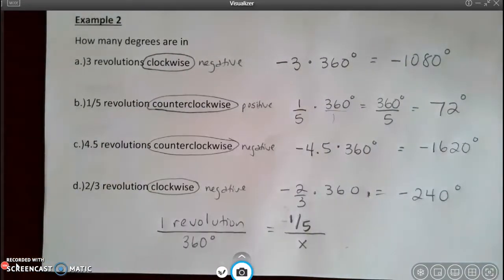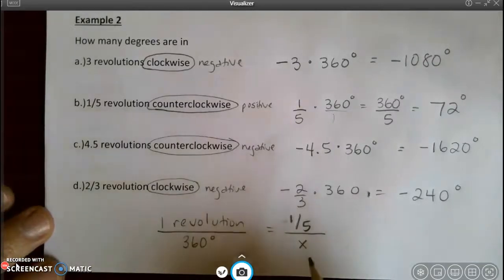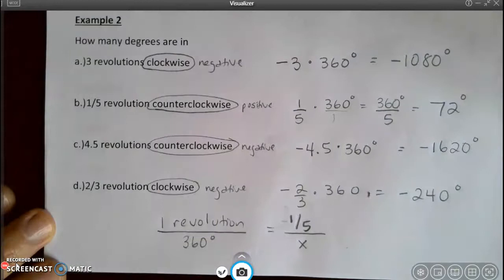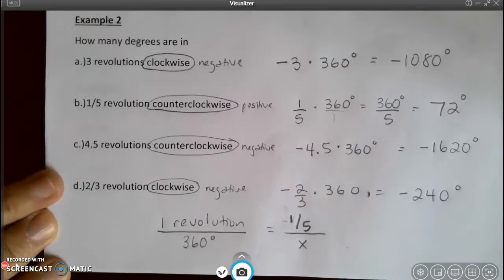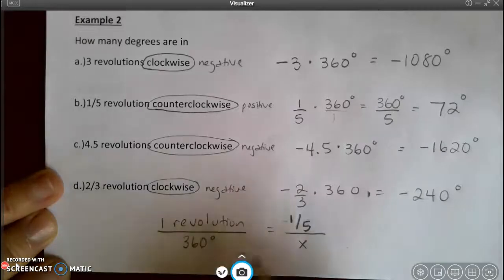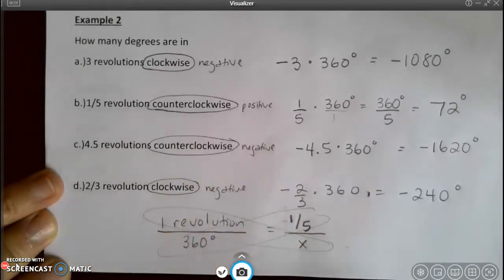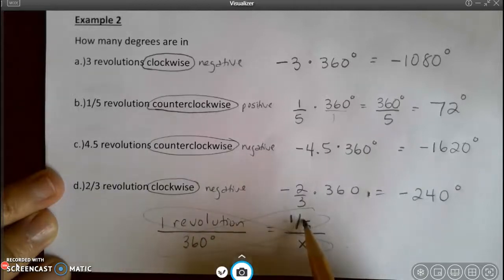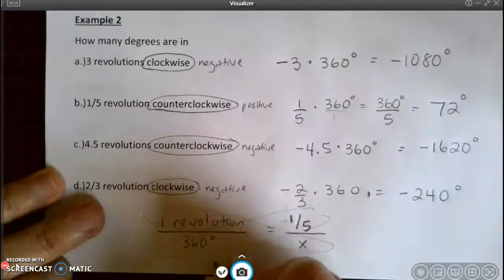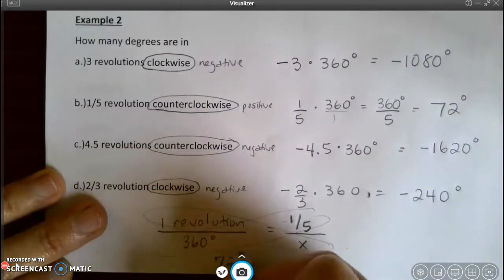And you would just cross multiply and solve for x, and you would get the answer that we got there, 72 degrees. It's just another way, if you forget whether you're supposed to multiply or divide, you can always set up your proportion and then cross multiply. I'll show you just one example of cross multiplying in case you forgot how to do that. 360 times 1/5 ends up giving me 72.